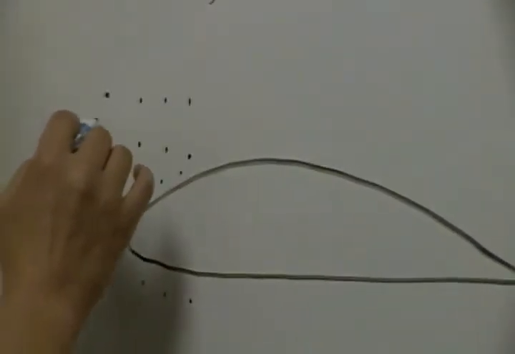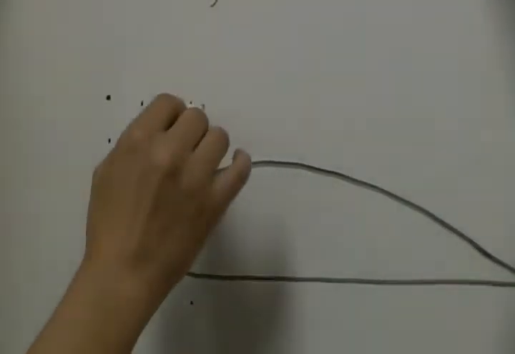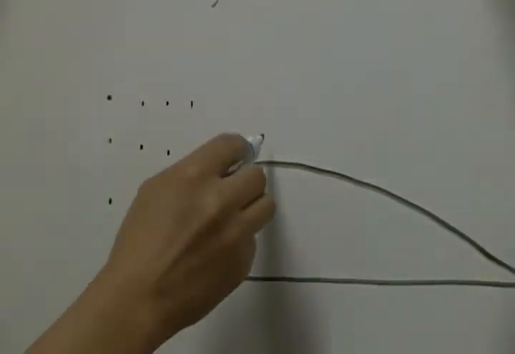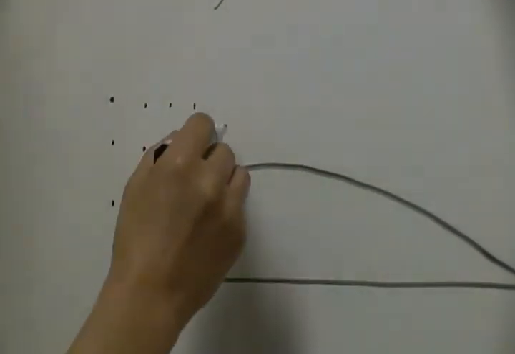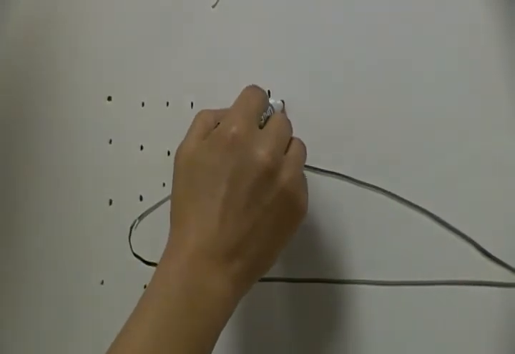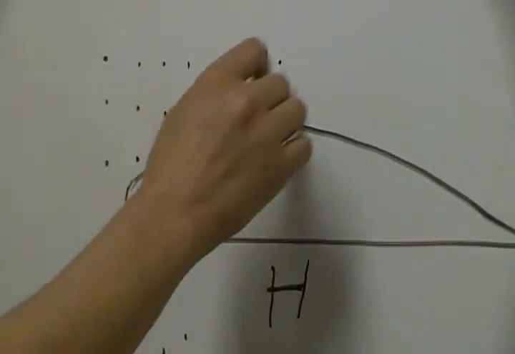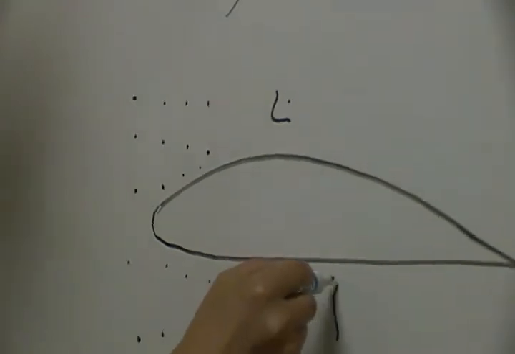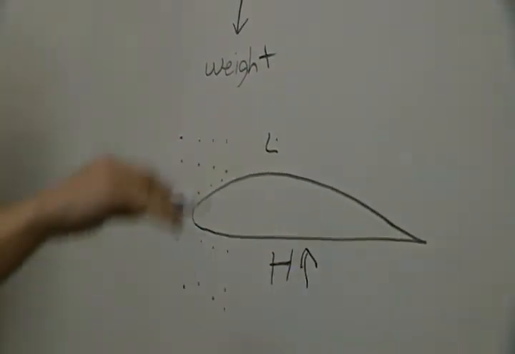So as these air molecules try to stay in line, they have to go faster, which again is our Bernoulli's Principle. So we have a low pressure that develops over the wing, and we have a higher pressure than what is on top of the wing, and the high pressure wants to fill that low void, causing the wing to go in an upward direction.